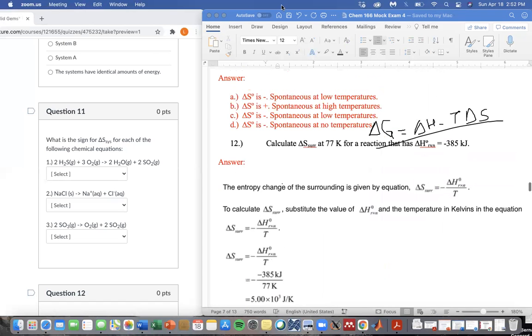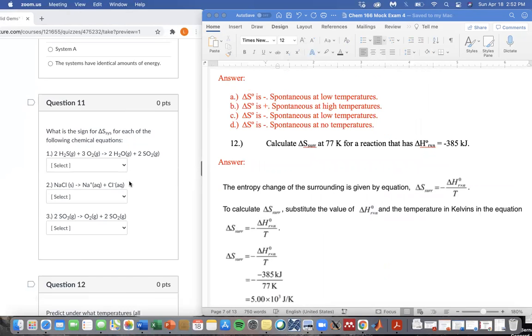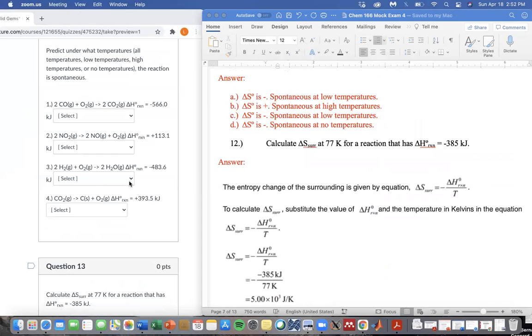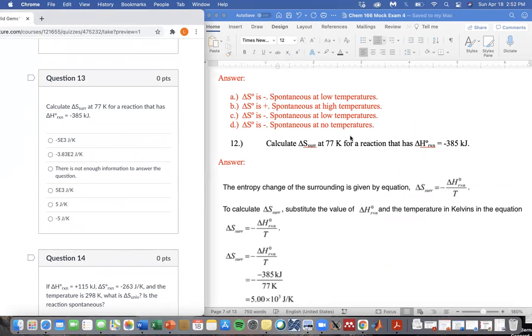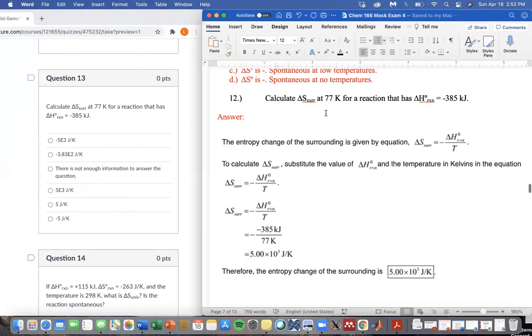All right, so for this next one, let me clear all of this. So for this next one here, we're trying to calculate delta S surroundings for this reaction. And so we're at 77 degrees Kelvin and we have a delta H of negative 385 kilojoules.